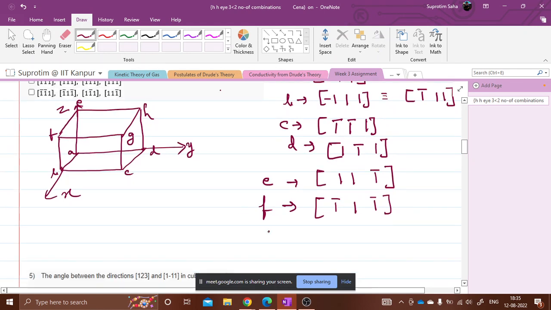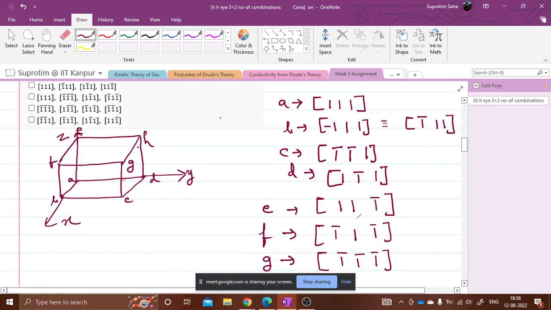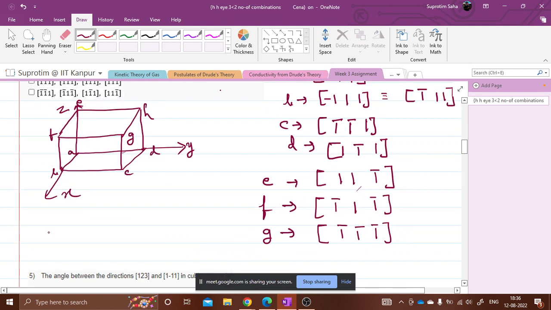For G, you have to go to A, right? So for G, you have to go to A, this side and this side, right? So 1 bar, right? And for H, you have to go to B, right?